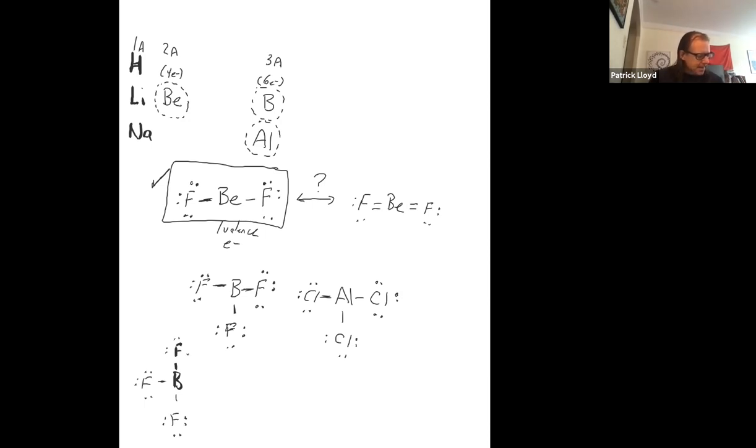If we take another substance, in this case a fluoride ion, which has 8 valence electrons, so this is F minus. Fluorine is in group 7A, so it has 7 electrons. This gives it 1 more, so it's got 8.